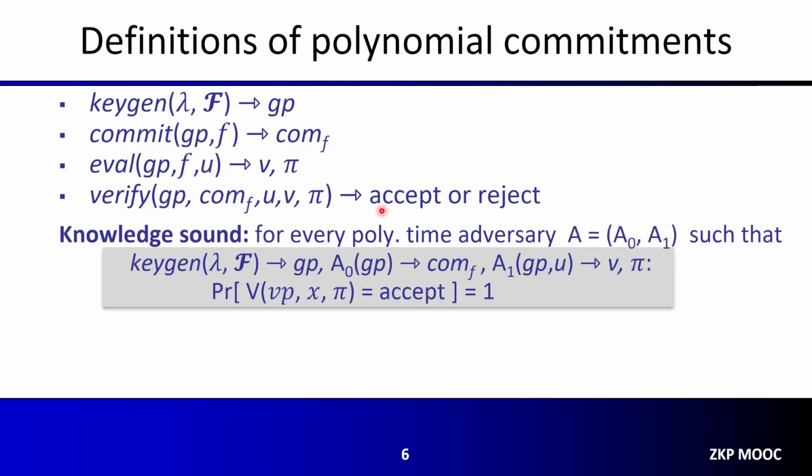More interestingly, we want the scheme to be sound, meaning that the prover should not be able to lie about this evaluation. And here I'm showing the formal definition of knowledge soundness.